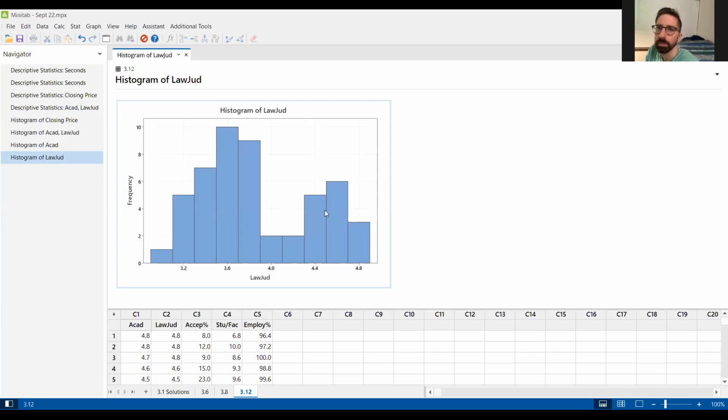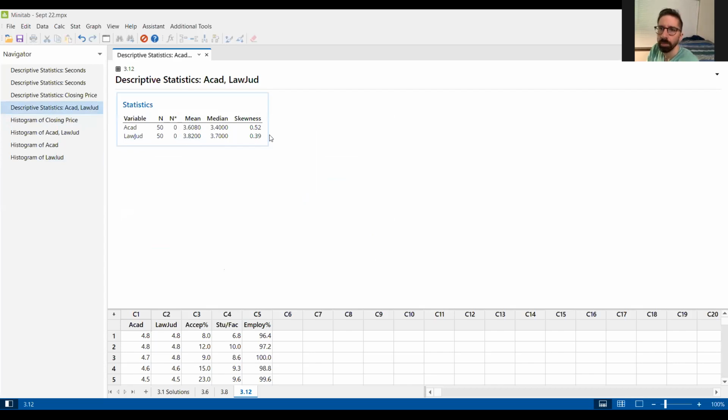These two bars decreased the skewness because there are more data values right in these two bars here. So it's still positively skewed, but because of these two bars, the amount of positive skewness is not as much. And that's why we get more skewness in the academic group than in the law judges group. You can see the numbers here showing it.